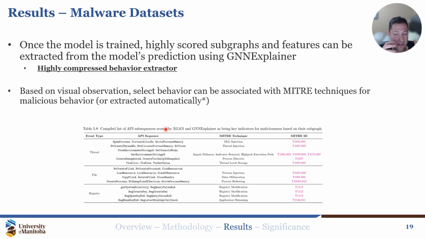We take the ones that are flagged as a strong predictor of malicious behavior and extract them out and use them in maybe a YARA rule or any other signature base. So through this kind of unsupervised way, even though it's not unsupervised in the training, we can extract these sequences and use those for signatures as well. But they were learned dynamically. We extracted dynamic behavior and extracted them.